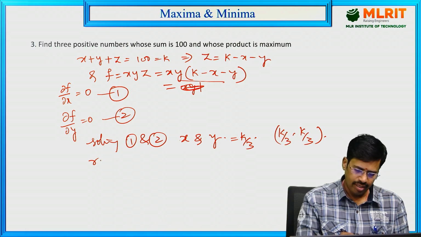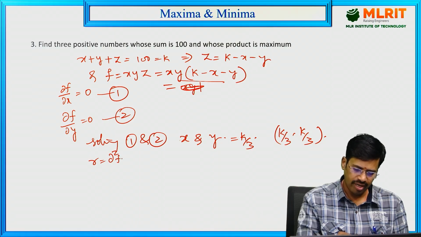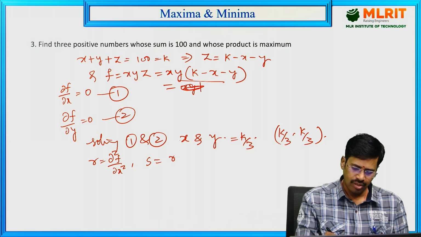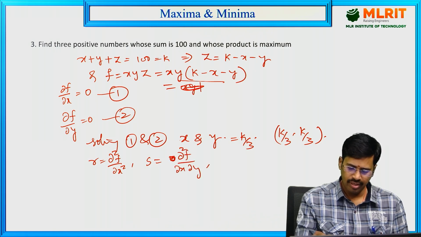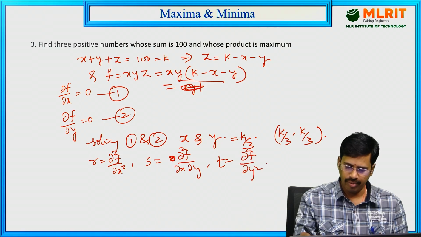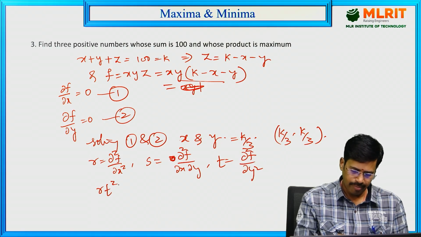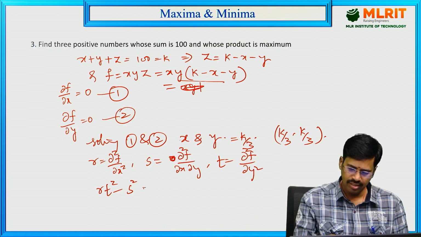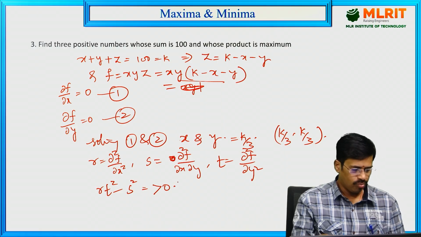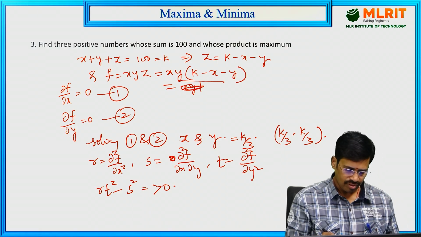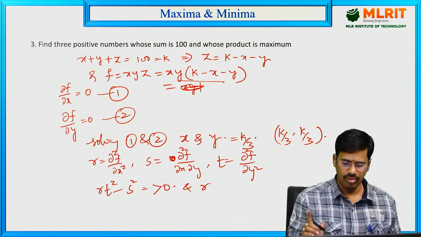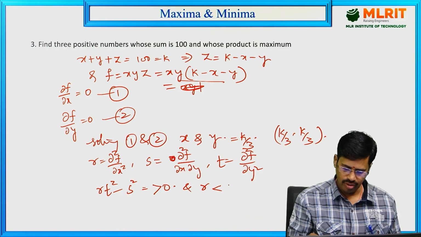Now find rt minus s square. R means what? ∂²f/∂x², and s means ∂²f/∂x∂y. T means ∂²f/∂y². Then find rt minus s square, that is greater than 0, and we get r value less than 0.